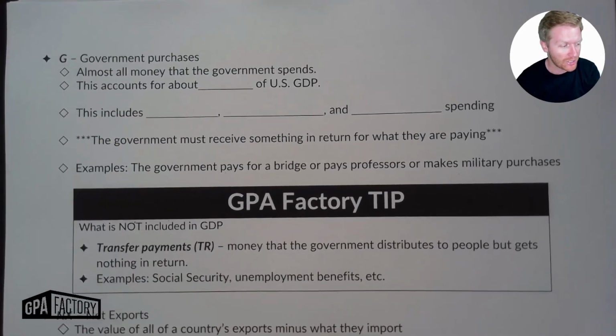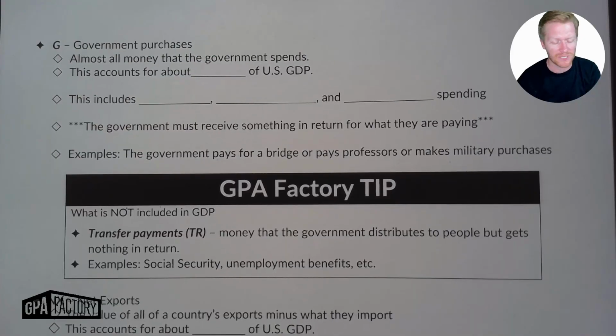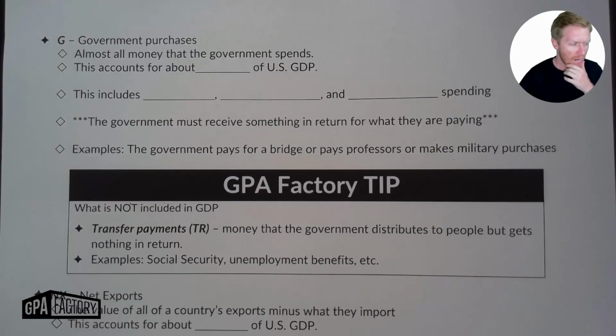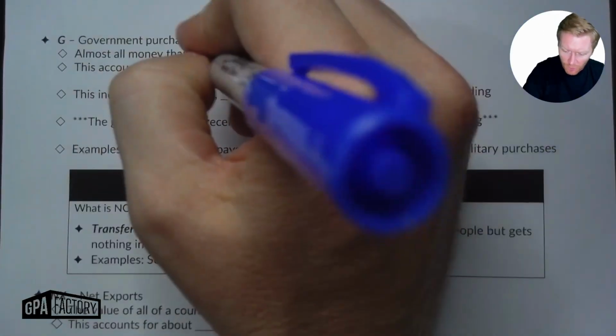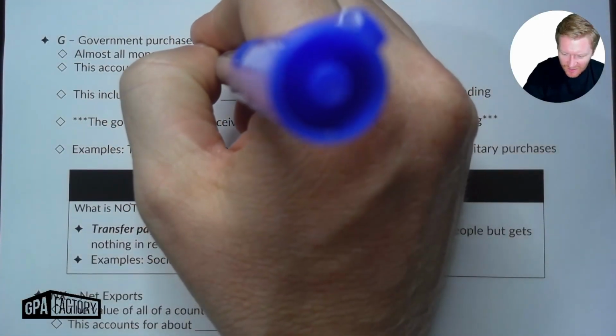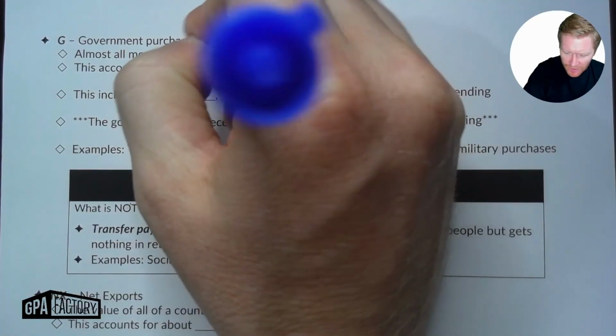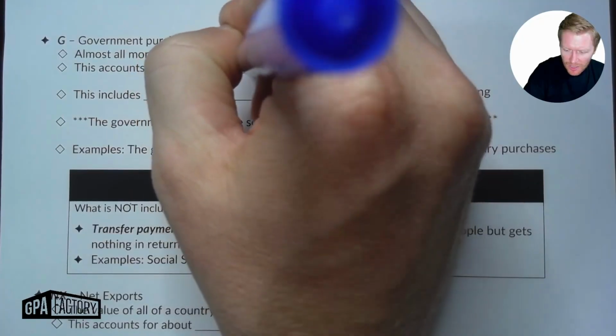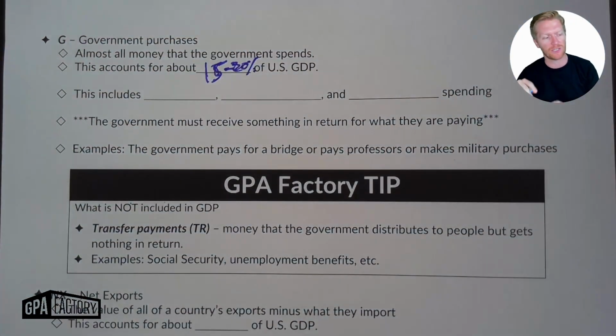So government purchases is going to be almost all the money that the government spends. There's going to be a couple of things that we exclude that I mentioned down below. But this is going to account for about 15 to 20%. We'll just make that range a little bit big because it does fluctuate year to year. In some years, like COVID, the amount of government purchases, or how much money the government spends, is a lot larger. So it really does fluctuate year to year.